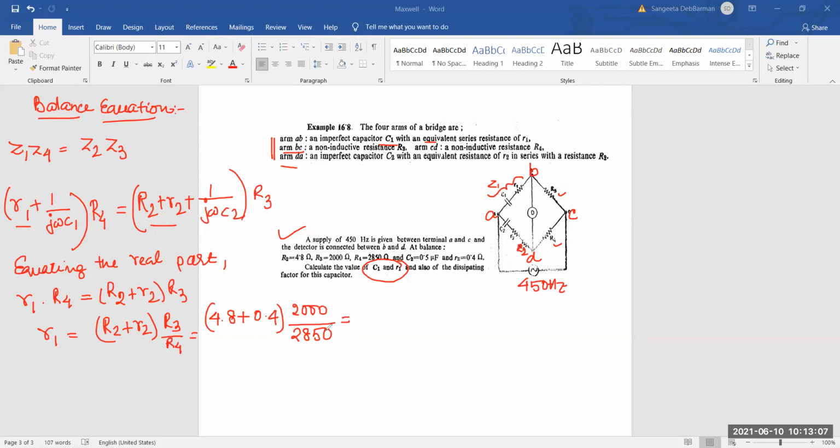Ehtisam, be ready for the next problem. Okay, tell me the answer for r1. Do the calculation, please. 7.41 ohm. No, some mistake you have done. 0.4 plus 4.8 multiplied by 2000 upon 2850.